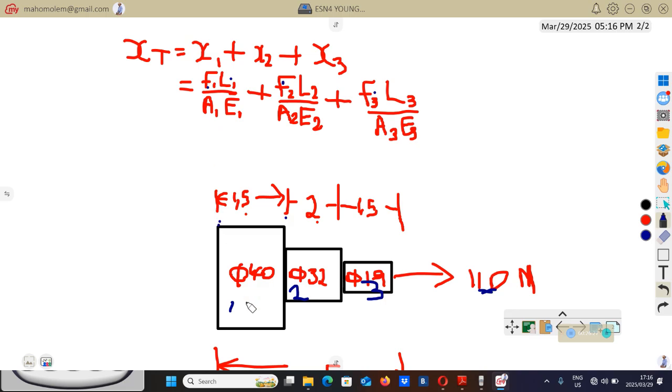Area 1 will be the area of this section 1. So to calculate the area of this section 1, area 1 will be pi d squared over 4.